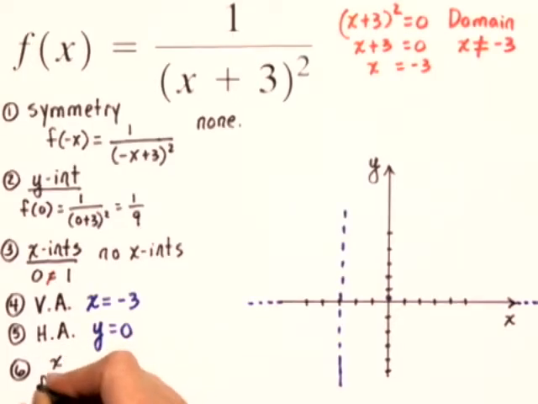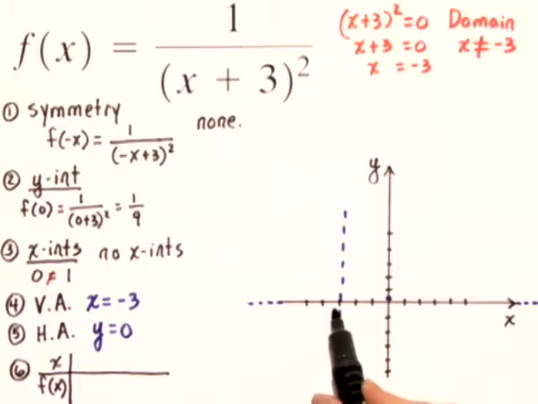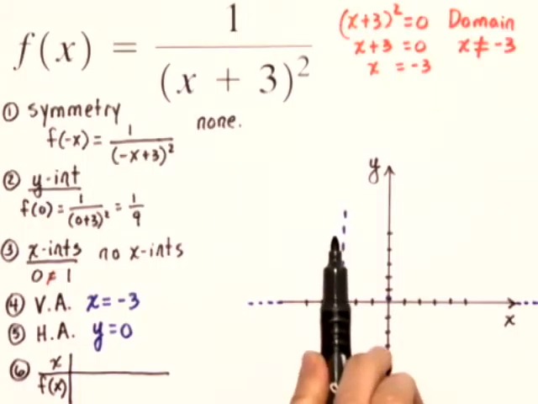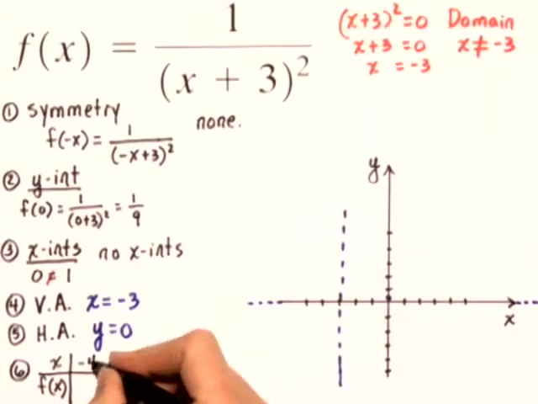We have x and we have our function f of x. So for x, let's pick a value to the left of our vertical asymptote. Since our vertical asymptote is at -3, let's choose the value -4 for x.